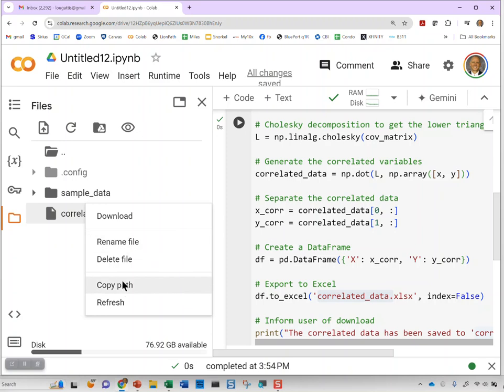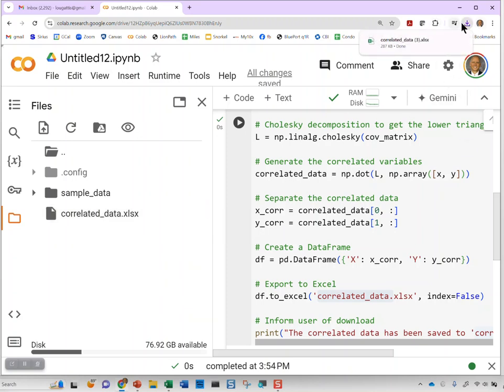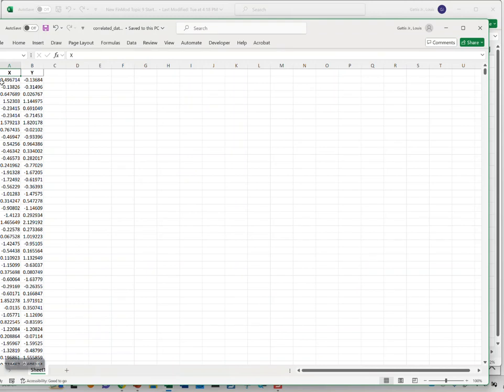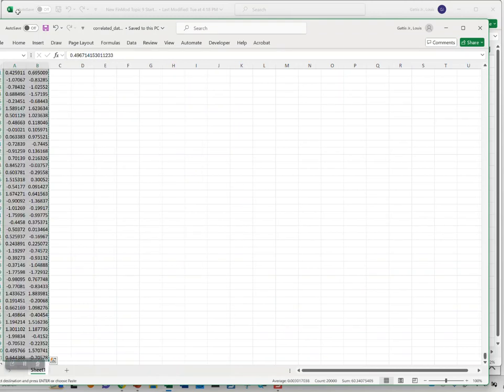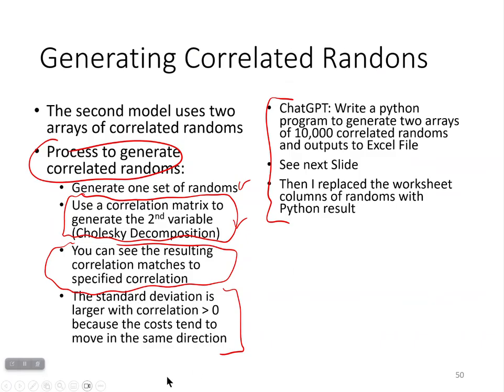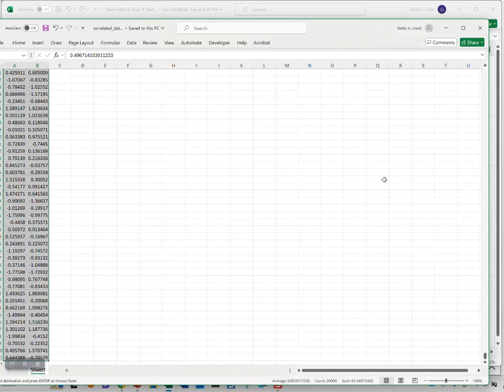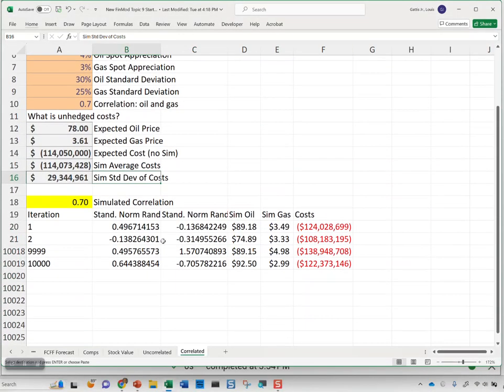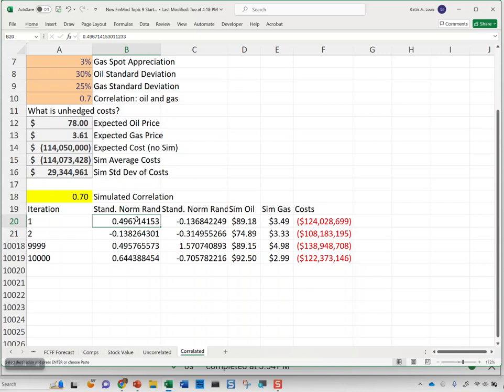I could download, and then when that comes to my download bar, I can open that up. I can then grab these two variables, Control-Shift down, Control-C. Then I can go to my model, correlated, and I could paste them here. And that's what I did.